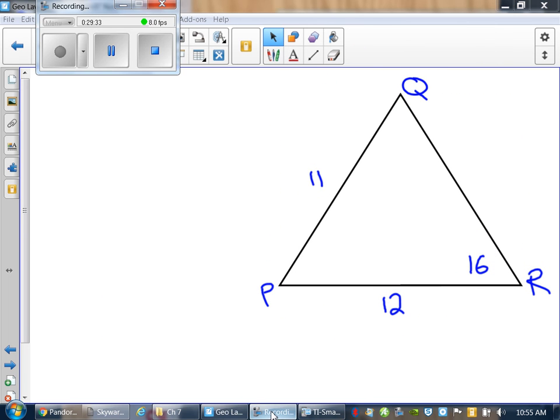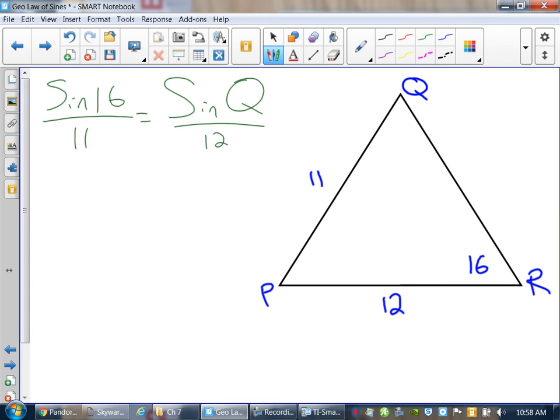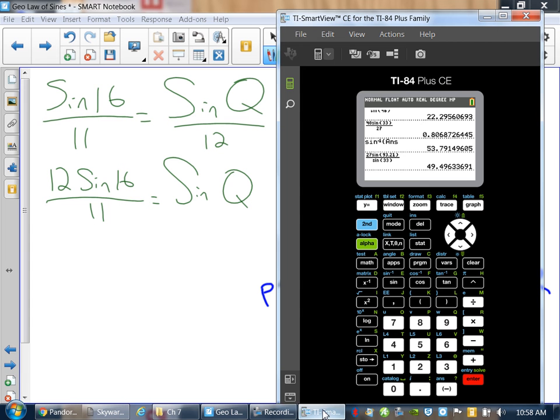Go for it. Solve the triangle. What is it forcing you to find first? Q. But you have R. Go through that. Cross multiply through, all you have to do is bring the 12 over, which means you have to go right to the calculator.